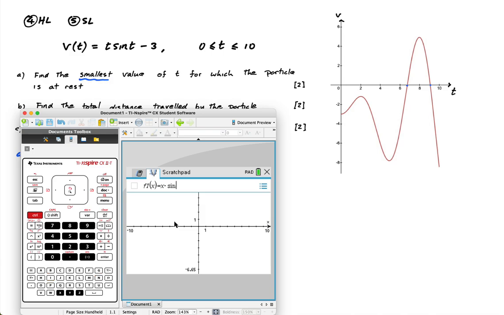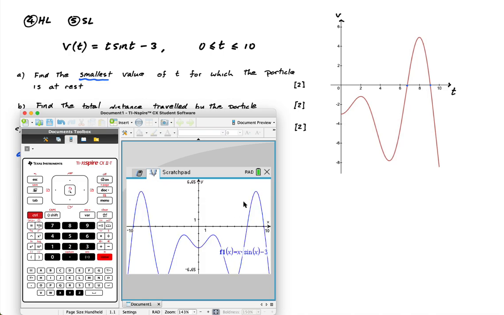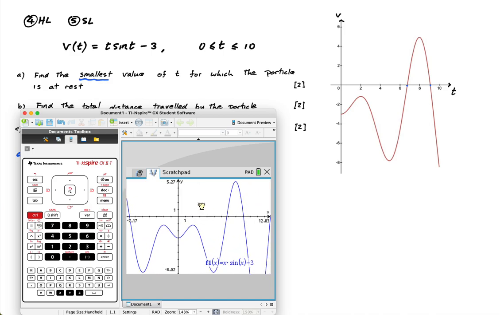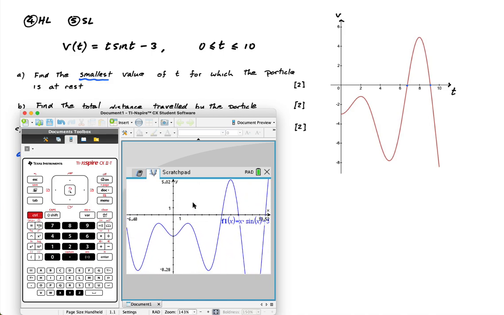So it's x sine of x minus 3. Make sure you write it in properly, guys. Sine you can find in this place here as well. And it looks like this. Just make sure, obviously, guys, that it looks like this graph. It should look the very same. Now, obviously, the scale is a bit different, so you can see the negative values a bit more over here, but generally it's the same. It goes up here, down, up, down, up, down, up, down.